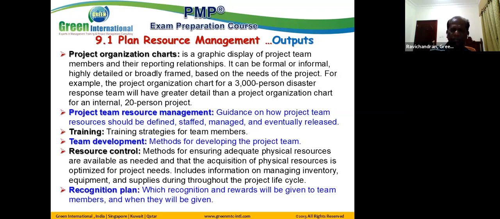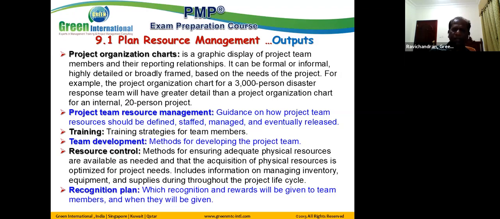Training strategies: what all the training is to be provided to the team members, especially if you are utilizing various technology or methodology in which the team members need to be trained. The processes and procedures need to be trained so that they can efficiently implement our plans while we move into the execution. So we need to have a clear training plan in our hand.